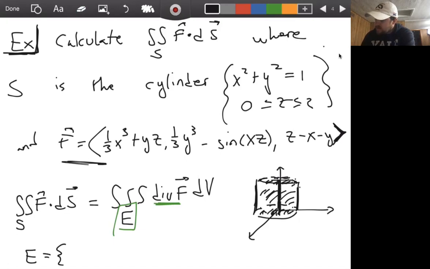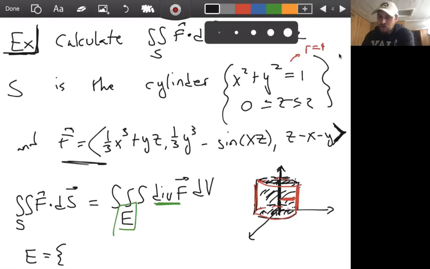In cylindrical coordinates, x squared plus y squared equals 1 is to say that r equals 1, and this is as far out as we can be. The shell is the outer bound for our radius, and the z-axis is the inner bound. Well, the z-axis is a radius of 0.